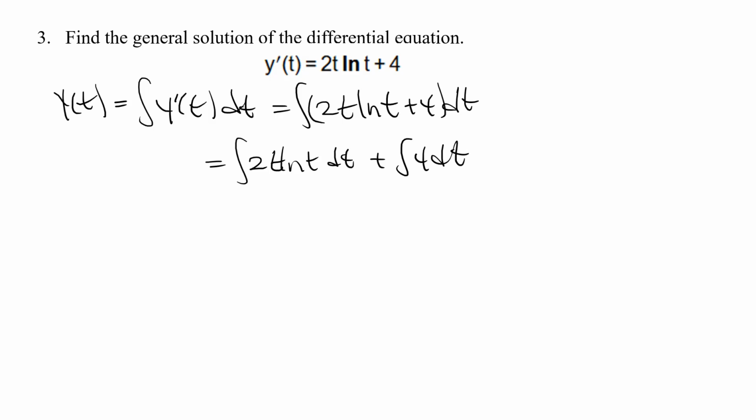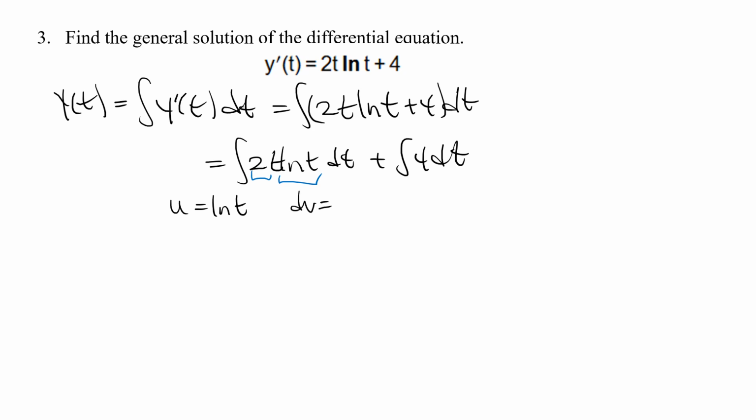Let's look at the first part. We have a 2t and an ln t, two functions being multiplied together, so we have to do integration by parts. Let u be the ln of t, because we don't really have a rule for the integration of that.